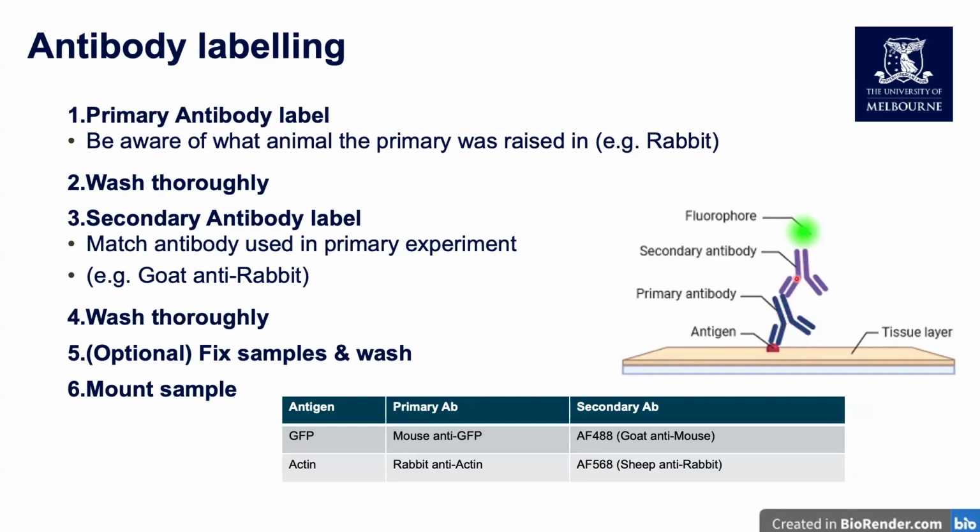Then we're using a secondary antibody, which has a fluorophore conjugated to it, to detect that primary antibody. It doesn't show here, but this allows us to bind multiple secondaries to this primary antibody, therefore amplifying the signal. After we've rehydrated the sample and blocked it to reduce non-specific binding, we'll go through and bind in the primary antibody.